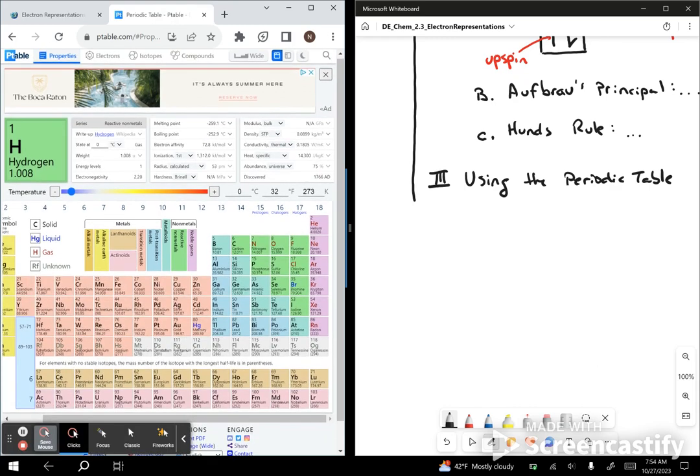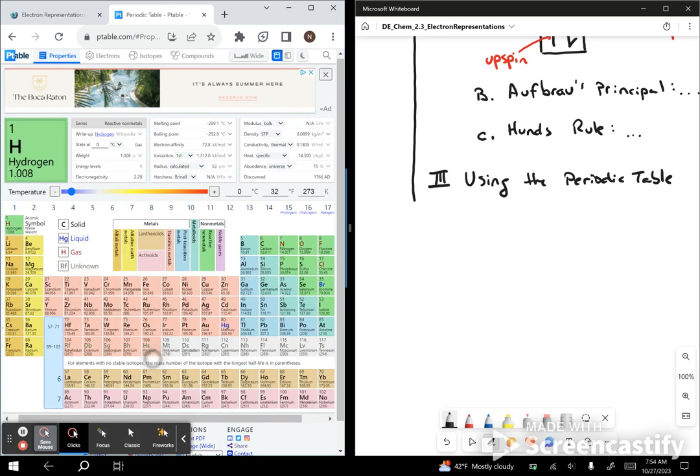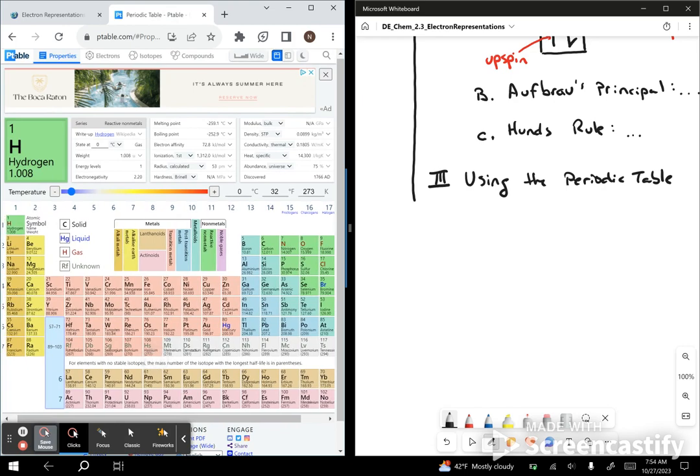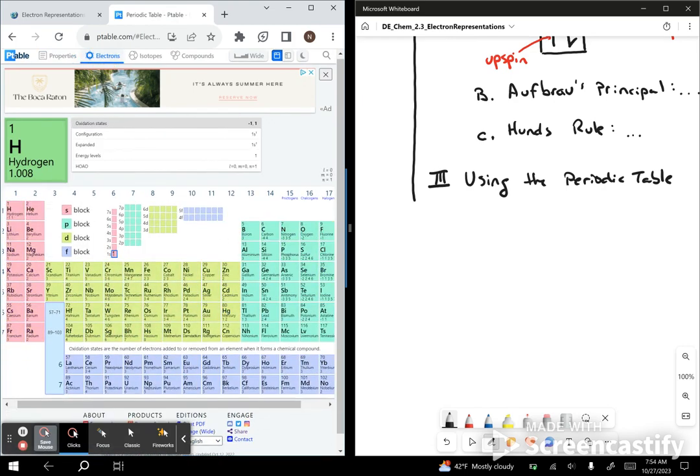So if you take a look at your periodic table, and I'm going to click onto the electrons, you can see how these are organized actually into what we call S blocks, right? S blocks, which is going to be this group right here. You have your P block, which is going to be over here.